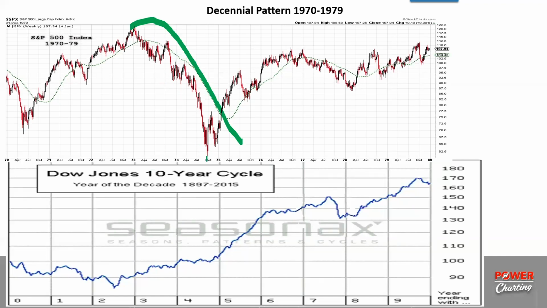On an inflation adjusted basis, the stock market lost a tremendous amount of value. Also keep in mind that this was the Watergate period where Nixon, who was reelected here, ended up dealing with the Watergate scandal that ultimately he resigned his presidency because of it.